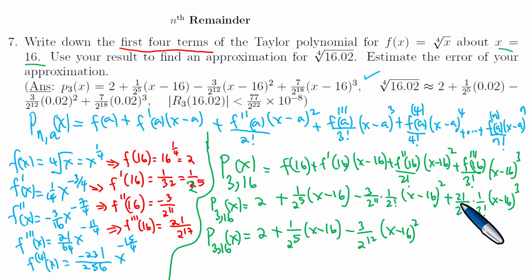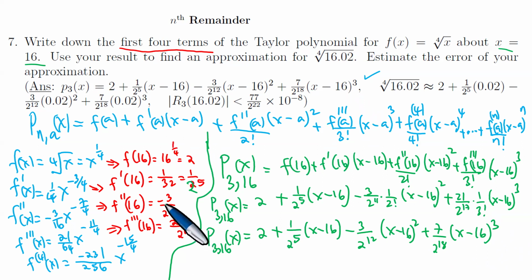This 21 is 3 times 7, giving us 7 at the top. Now the 3 is going to cancel 3 in the 6, giving us 2, and then it's going to give us 2 to the 18. x minus 16 cubed, which is exactly this.